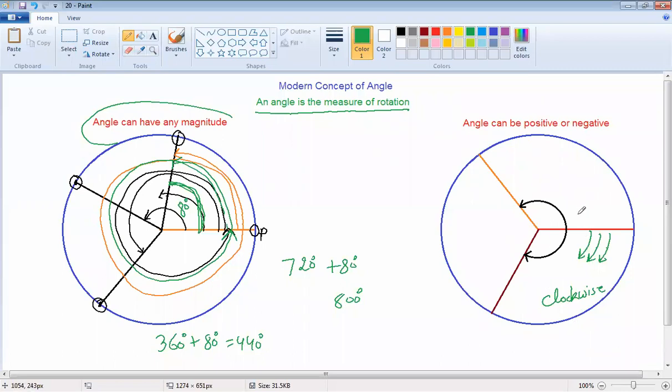And the direction opposite to this is known as anti-clockwise direction. Rotation can be either anti-clockwise or clockwise. There are two directions of rotation. By convention, if the rotation of the object or wheel is anti-clockwise, then the angle is positive. And if the rotation is clockwise, then the angle formed is negative.